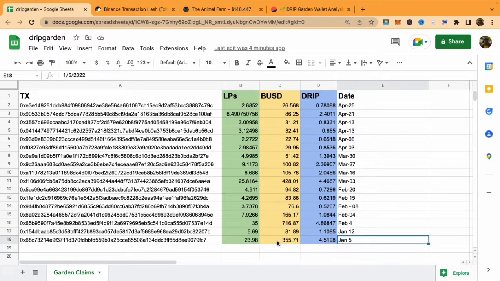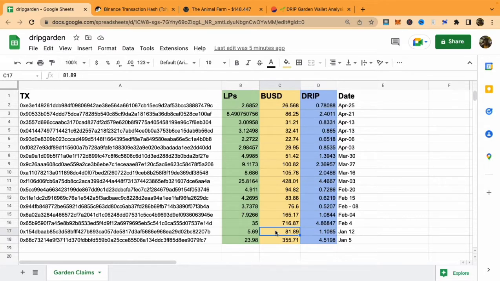And I claimed out 355 BUSD, $355, and also 4.5198 drip tokens. So when you make a claim or you withdraw from the liquidity pool, you get the pair that you initially put in, which in this case is drip BUSD.